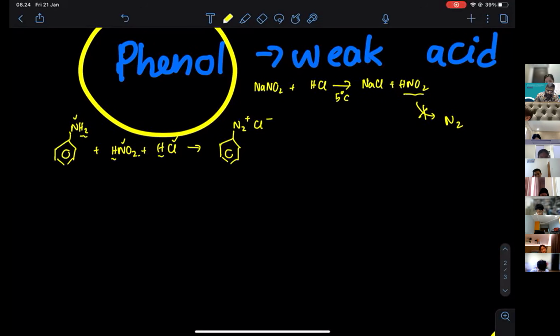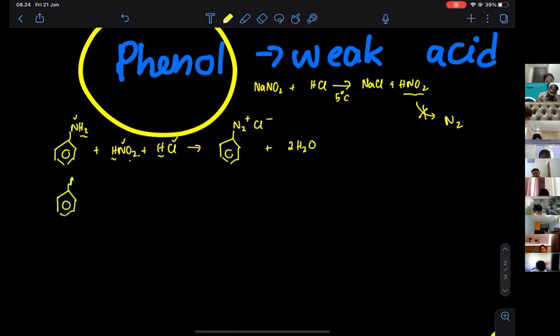Plus there is oxygen over there, so it's going to be 2H2O. So it's balanced. This is benzene diazonium chloride.